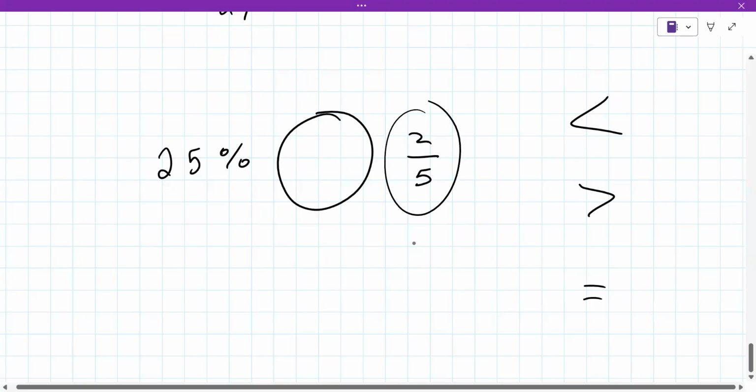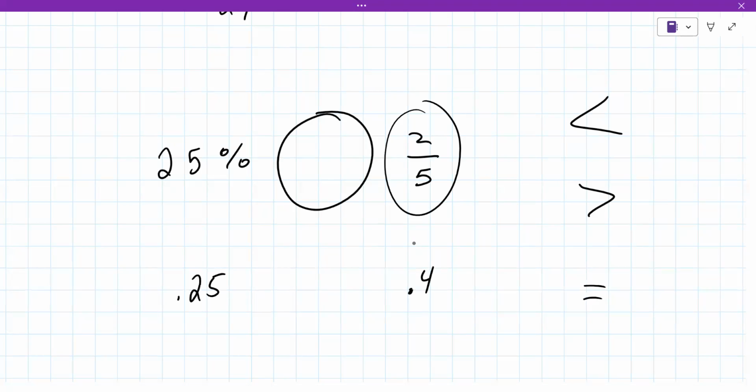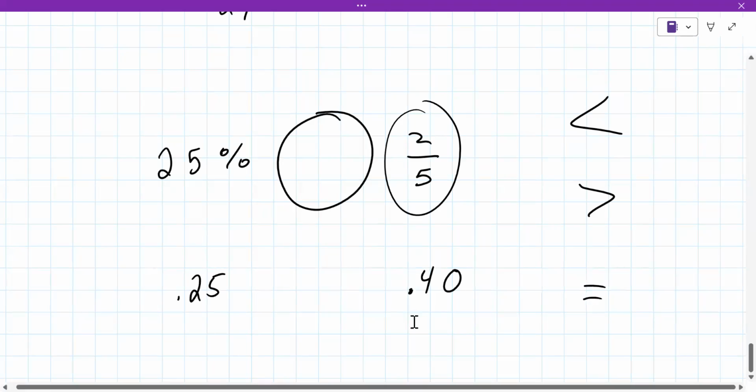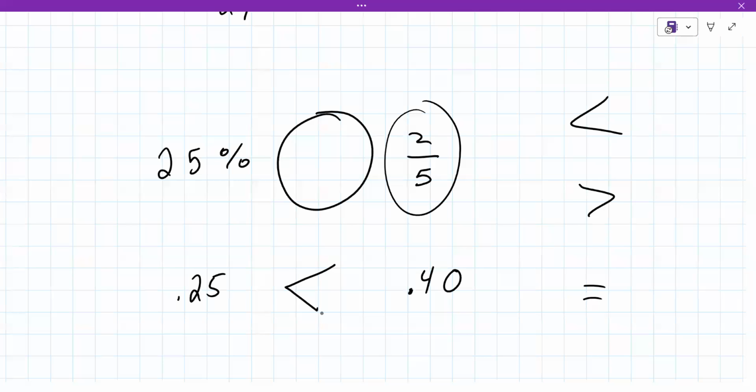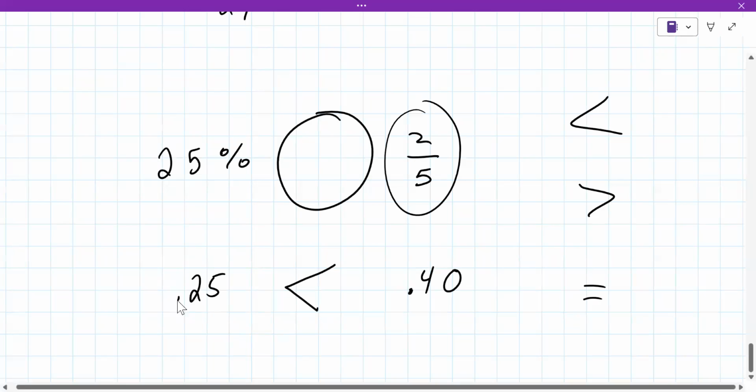What is this over here on the right as a decimal? 2/5 is 0.4. The other one is 0.25, so you have to add a 0 if you need to. So which is greater? 0.25 is less than, and 0.40 is greater. So 2/5 is greater. Yes.